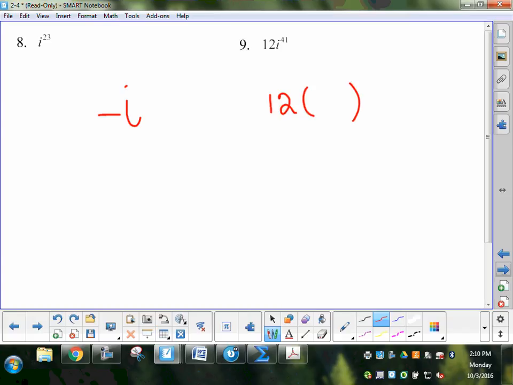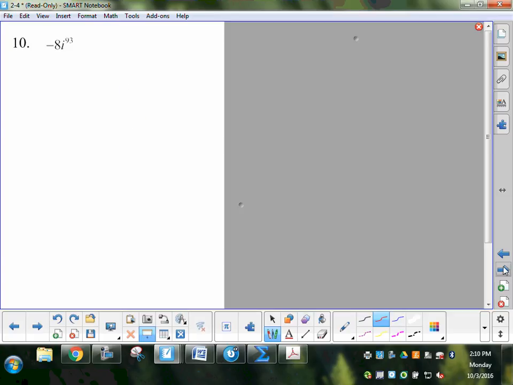Hands up, please, if you can tell me what that's going to simplify down to. And then you multiplied them and got 12i. Questions on that? Then let's keep going.